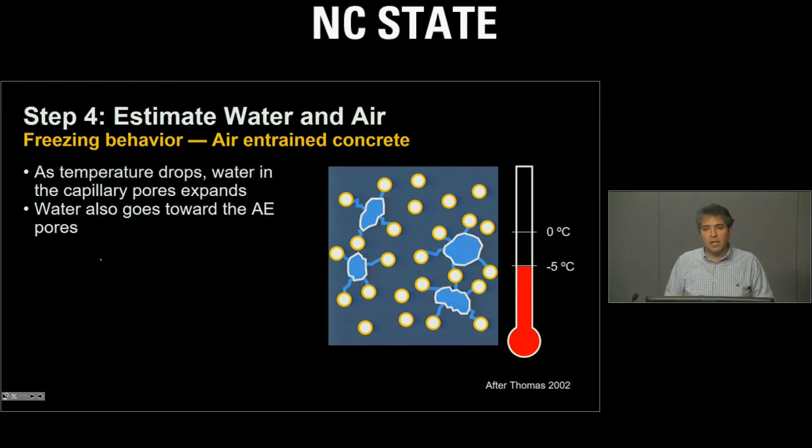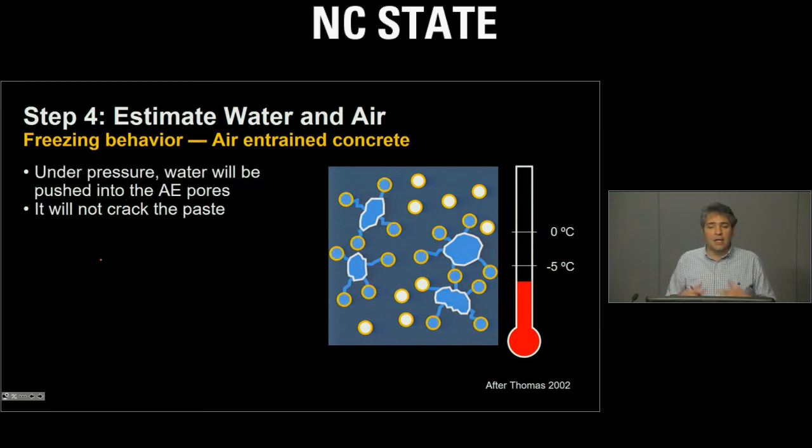For example, over here we see that when the temperature goes to -5°C, the water will start to move toward these air voids, and even if you drop the temperature lower, the water will start to expand inside these pores, the ice will start to form inside these air voids, but there is enough space inside the system that the cement paste will not crack.